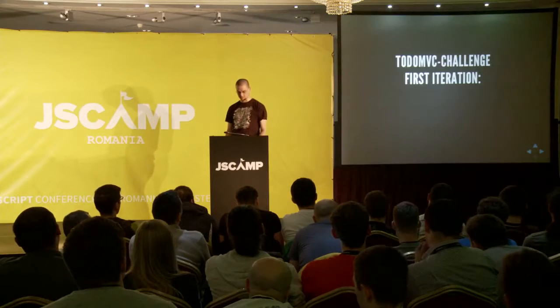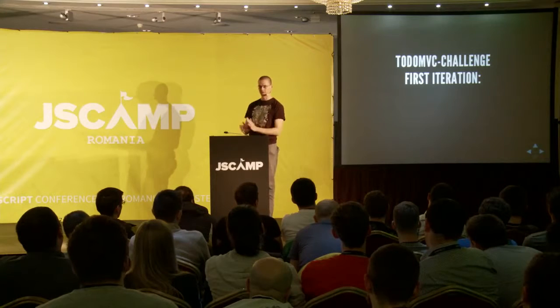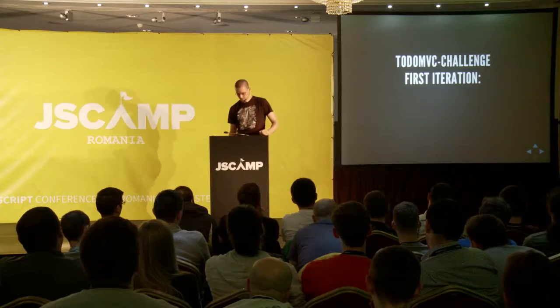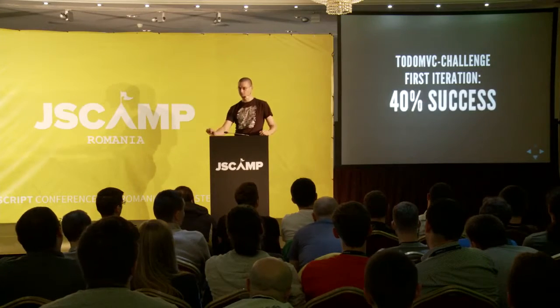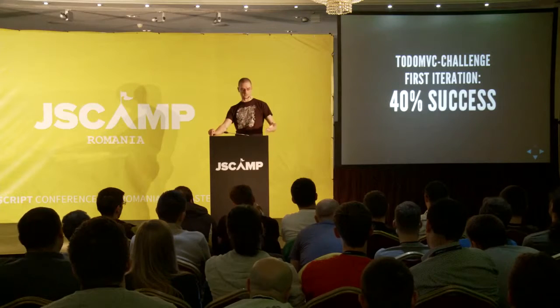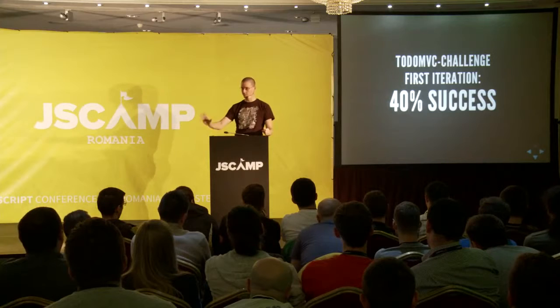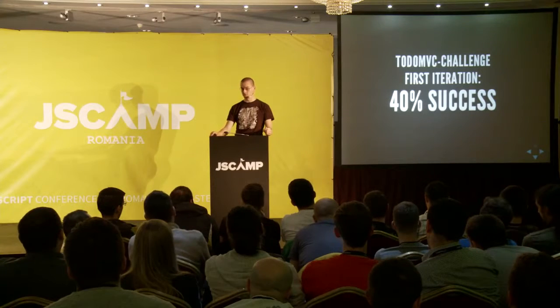And the first iteration of this I made back in January, where I actually went through all of them. I actually got a 40% success rate out of the box. So 40% of all the To-Do MVC applications were building successfully without any change at all. You just plugged it in and then you had a working production To-Do MVC application.